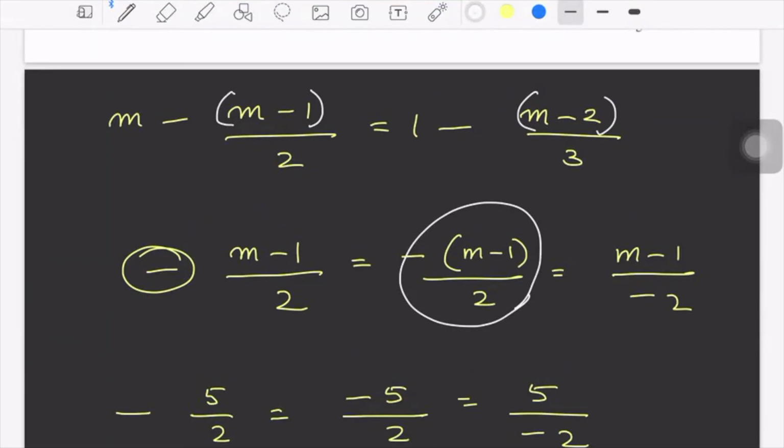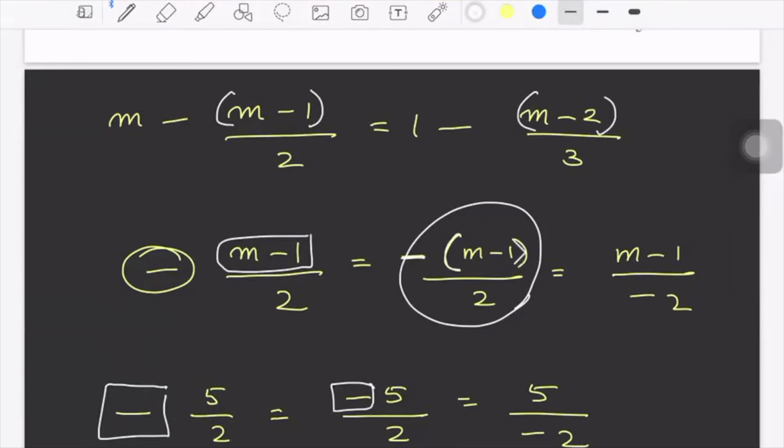Even if the original question doesn't talk about a bracket, that bracket is understood there because this minus is going to go to the numerator. And in the numerator, you have two terms, so the negative is going to get distributed.